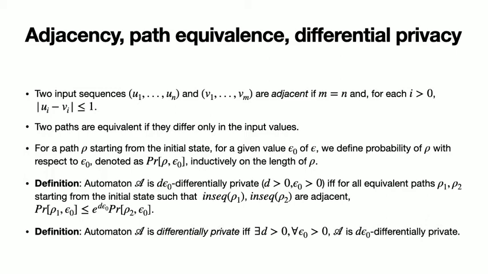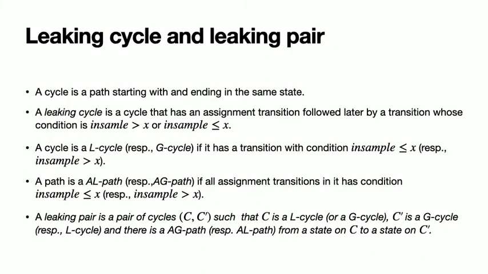Now, we say that automaton A is differentially private if and only if there exists a constant d greater than 0 such that for all epsilon 0 greater than 0, A is d epsilon 0 differentially private.